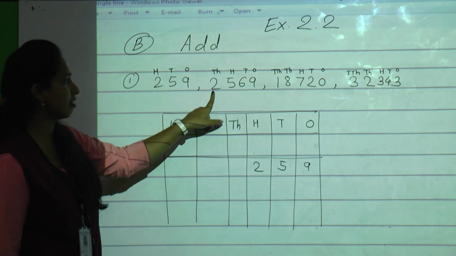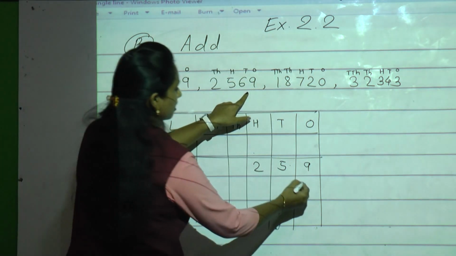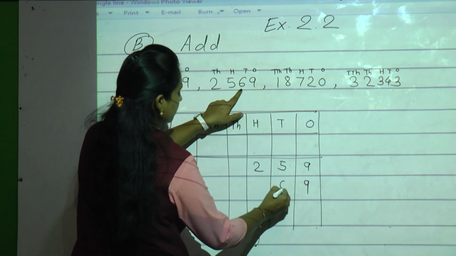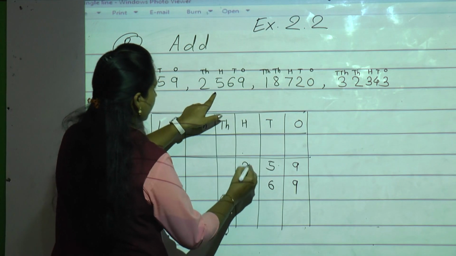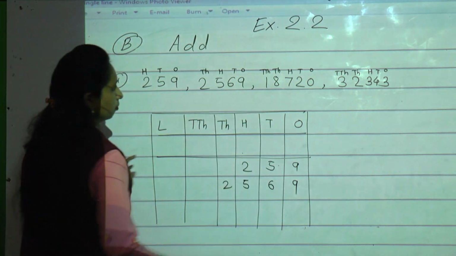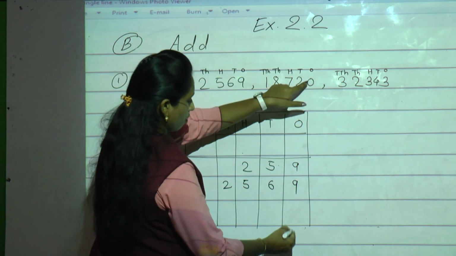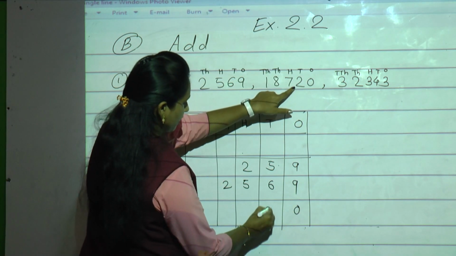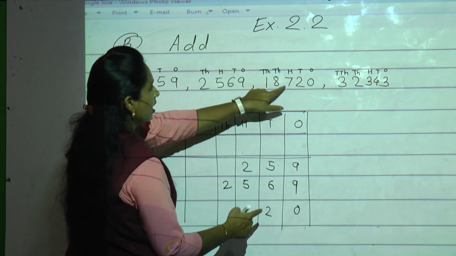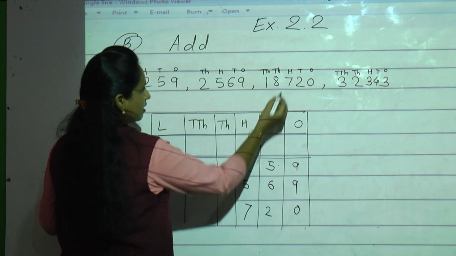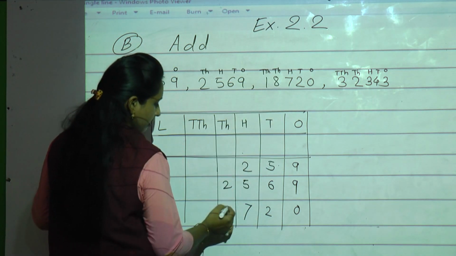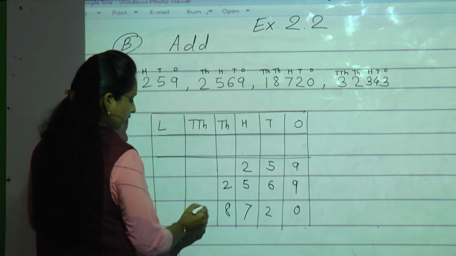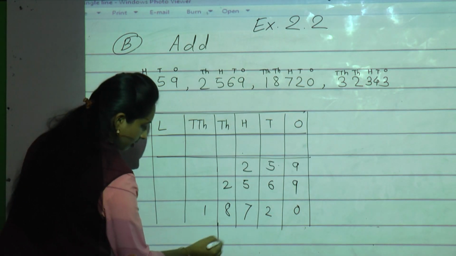The next number, see, on ones place 9, tens place 6, hundreds place 5, and thousands place 2. The next number is ones place 0, tens place 2, hundreds place 7, thousands place 8, 10,000s place 1.